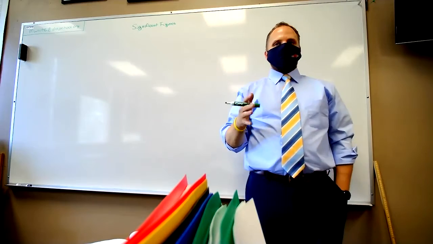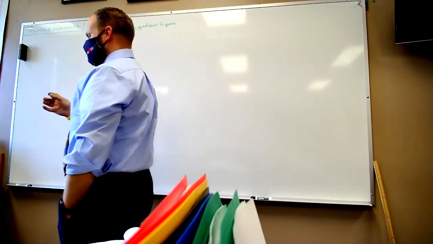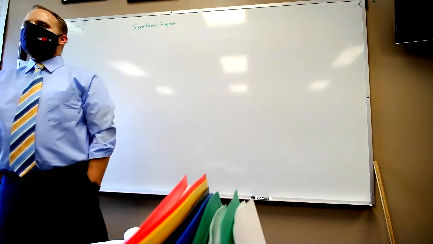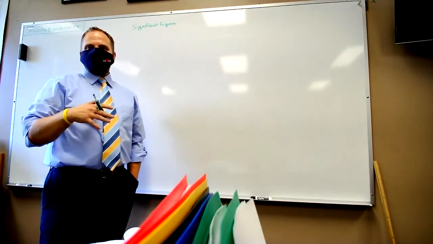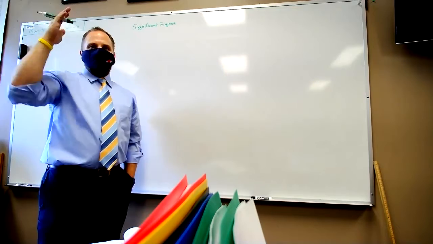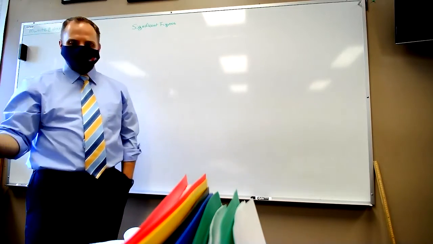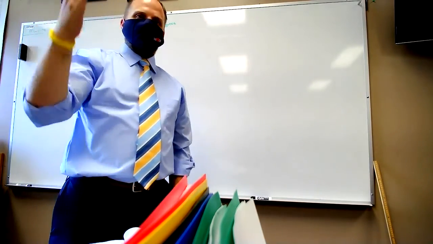Okay? That's how it's programmed. It's programmed to just give you as many digits as it can hold. But not all of those are actually going to be significant. So we need to figure out how to determine which ones are significant and which ones are not. And we round it there.